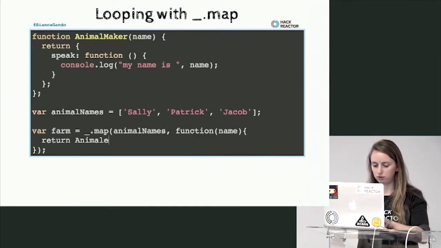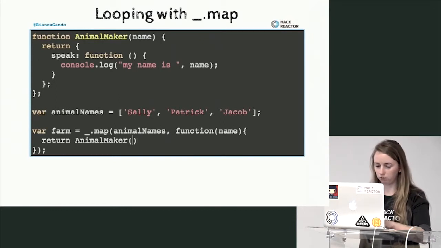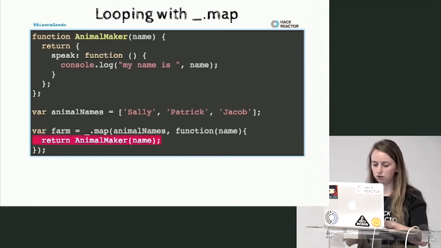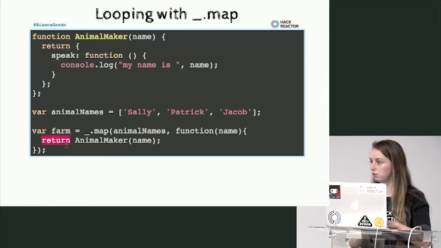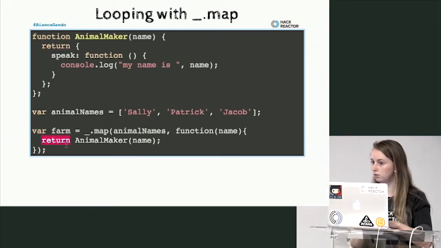Here, animal maker name. So you have to return here. Because animal maker returns something, and then you're returning whatever animal maker returns. So that's why there's 2 returns here. I hope that answers the question.